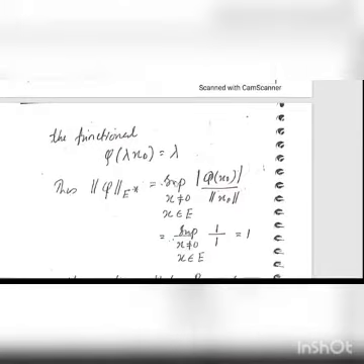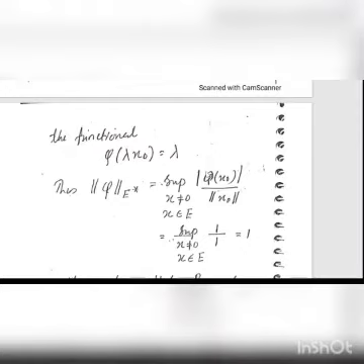So phi of 3x naught means 3 will come. Now we will find the norm of this phi. So norm of phi over E star equal to, by our definition, supremum over x not equal to 0 and x belongs to E of modulus of phi of x by norm of x.